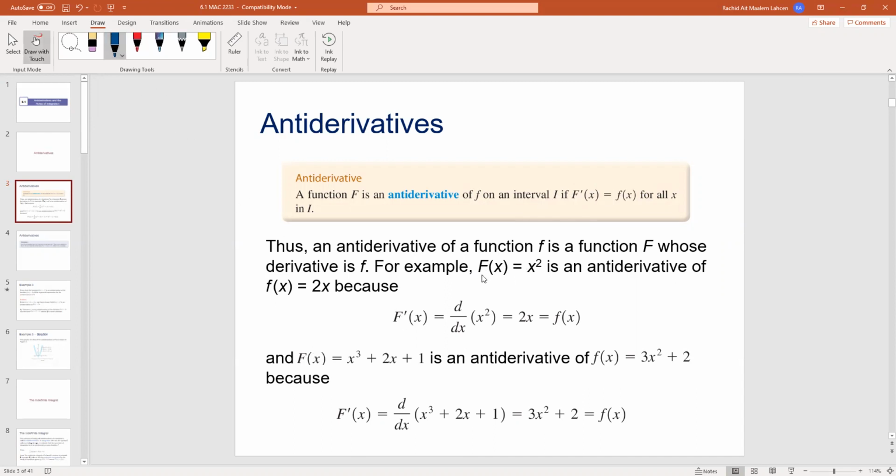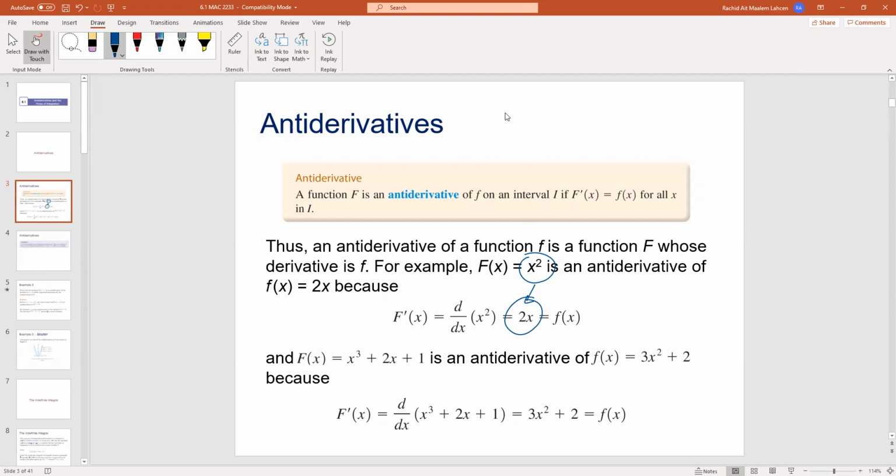So if we have this capital F as x squared, it's an antiderivative of 2x. Why? Because the derivative of x squared is 2x. So that's it. So we're going to do a reverse of what we've done before in differentiation, right?